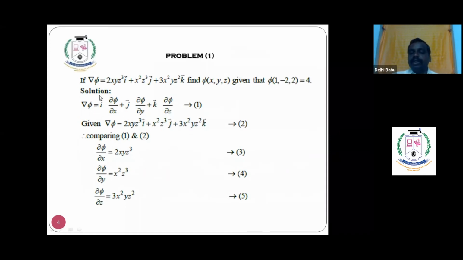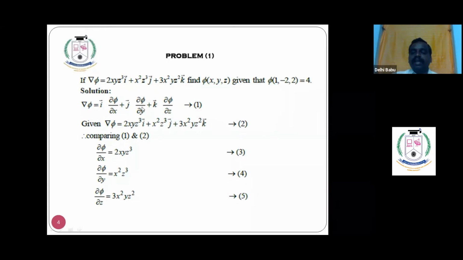Now compare these two, because the left hand sides are del phi, then comparing the right hand sides. So comparing equations 1 and 2, here the i vector component is dou phi by dou x. In the second equation, the i vector component is 2xyz cube. That I have written here, which is called equation number 3.